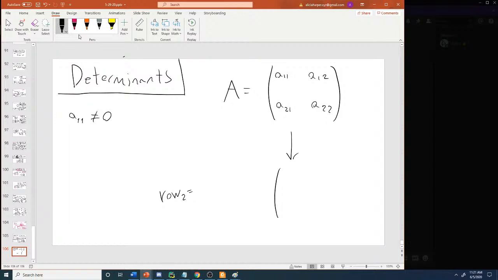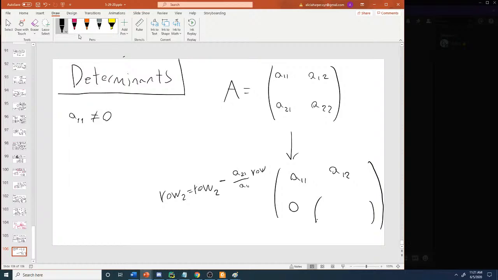I want to cancel out this A21, so I'm going to subtract A21 divided by A11 times row 1. And so I'll have an A11 here, an A12 here. Here I'll get a 0. And then here I'll get an expression.